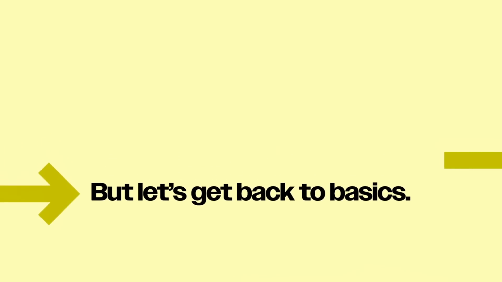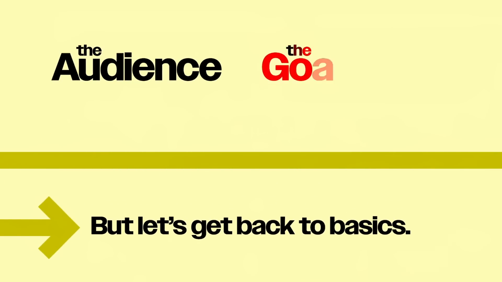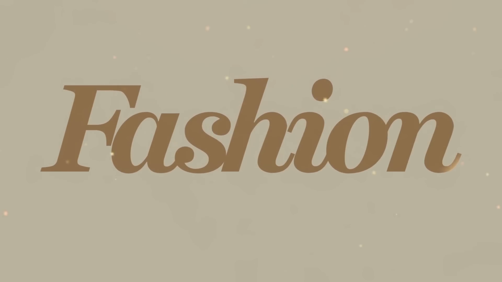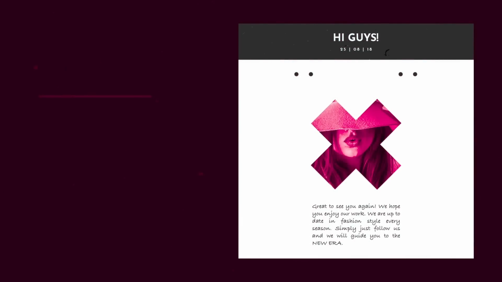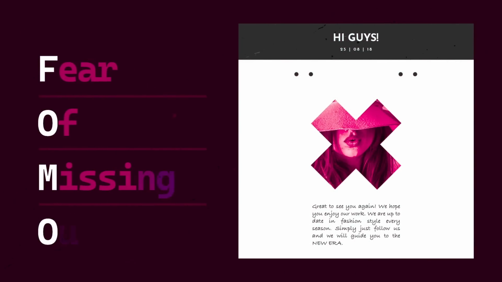Next, I want to focus on the top of this design and consider the audience and also the goal of the design. It's about fashion and keeping up to date with new trends. People who are potential targets for this design can be influenced by the psychological technique of FOMO, or fear of missing out.